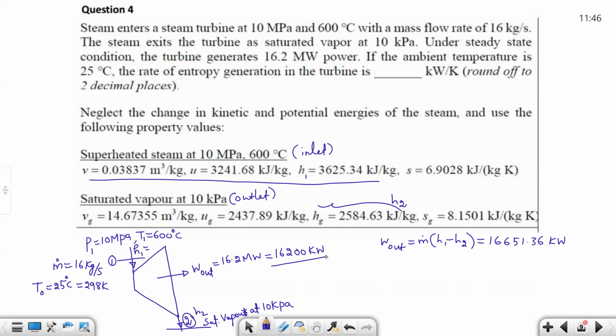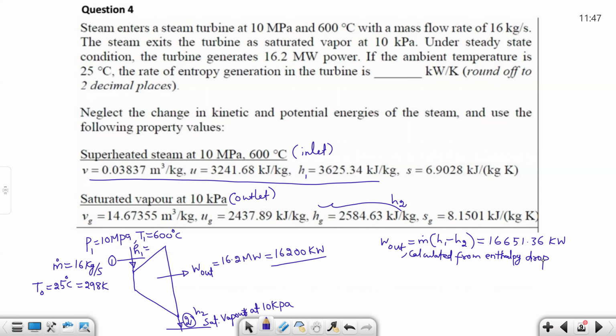So there is a difference. So that means the difference will be going out as heat. So maybe this is the work output calculated from enthalpy drop. So it is not matching. So enthalpy drop calculated from the given data is not matching with the work output given.